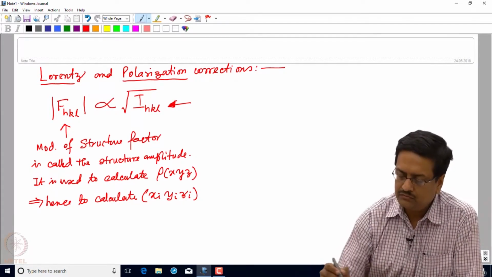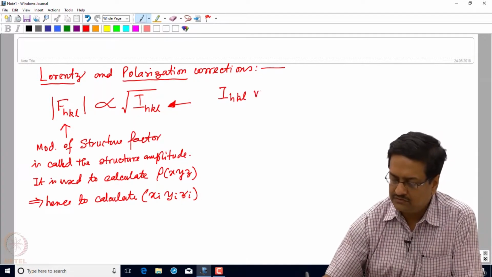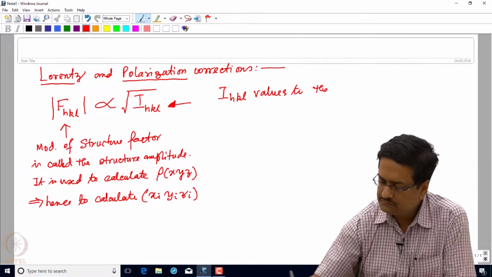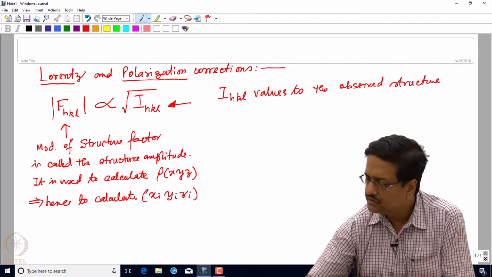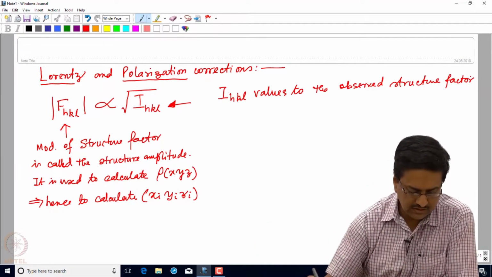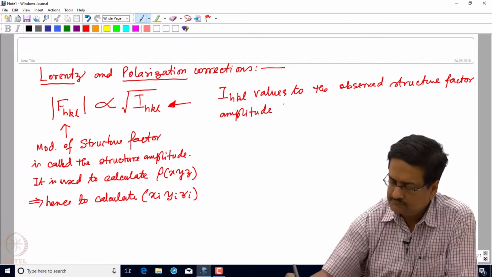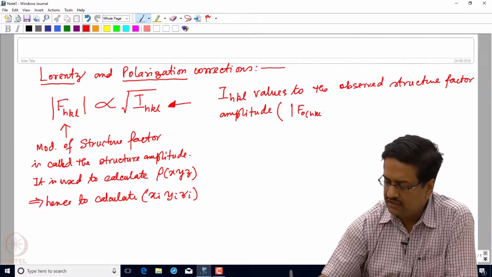So what we need is to convert the IHKL values to the observed structure factor amplitude that we write as FO of HKL.